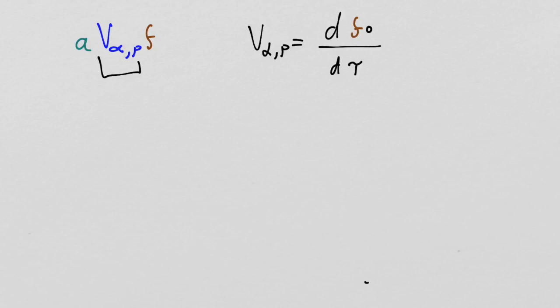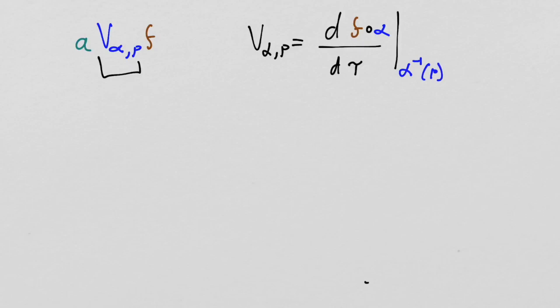I think I'll do alpha in blue. Might as well try to do all these things by color. d f after alpha, in blue, d tau, and then I want this part in black, alpha inverse of P.